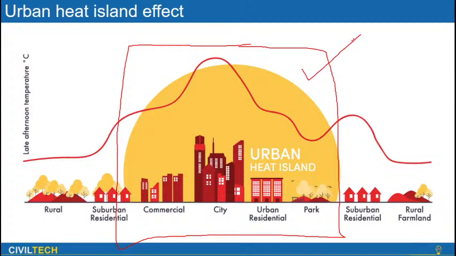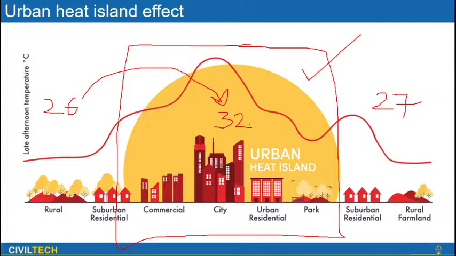If you want to know the answer to that question, you measure the temperature in the city region compared to the surrounding villages. Let us say in the village on a particular day, let us say today, the temperature is around 27, and this is also a rural area adjacent to the city, so the temperature would be around 26 or 27. But you'll observe that the temperature in the city region will be around 32, 34.